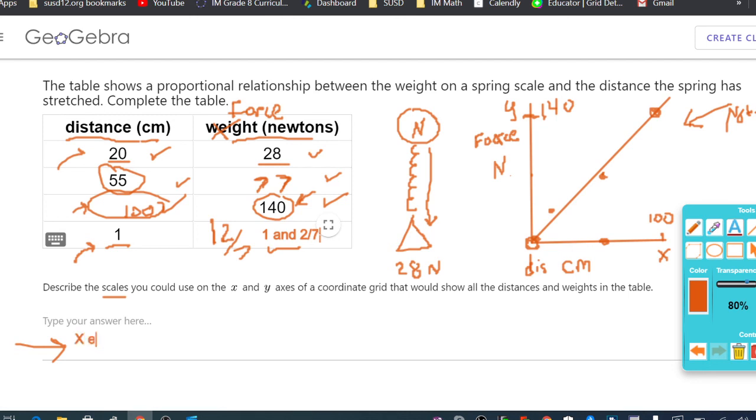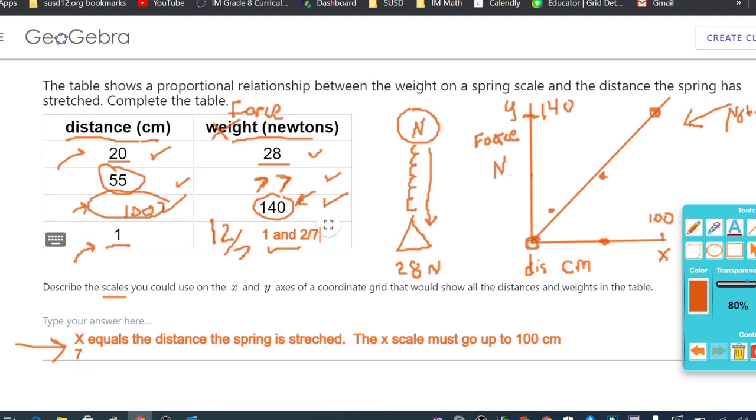Let's say x equals the distance the spring is stretched. The x scale must go up to 100 centimeters.